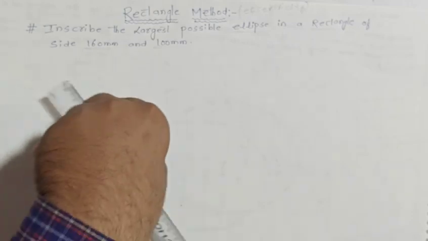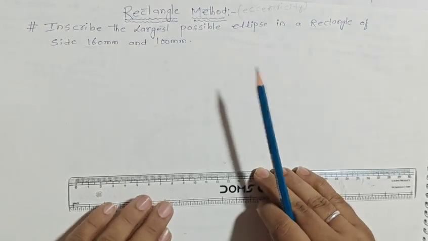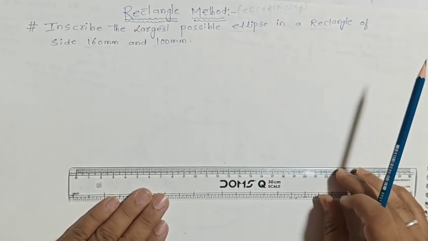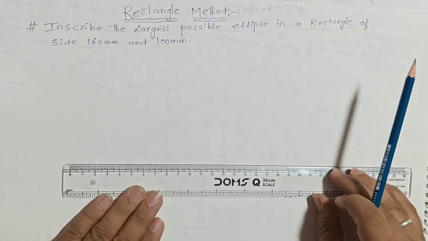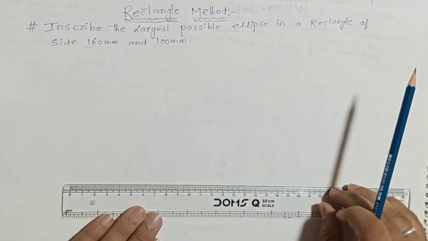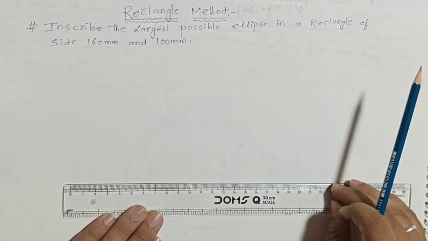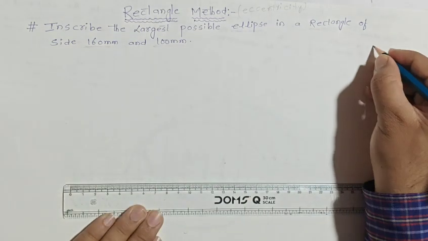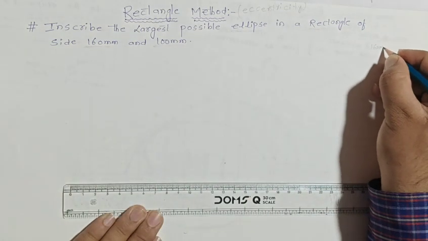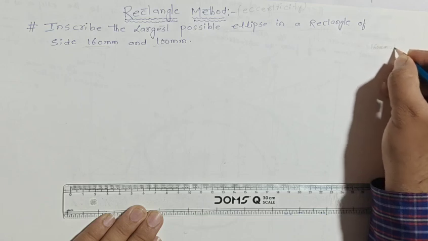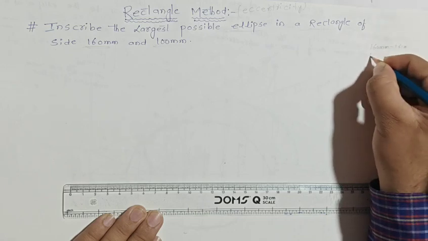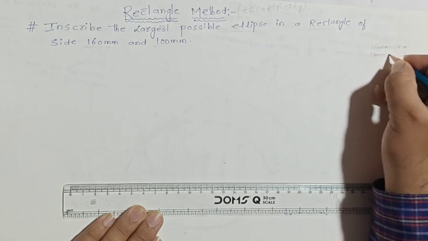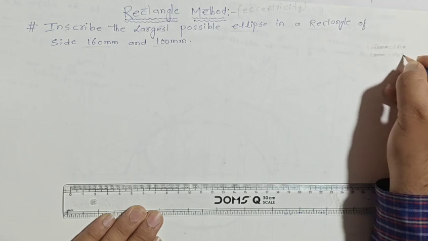First thing is we need to measure the length, 160 mm, nothing but 16 centimeter. And 100 mm, nothing but 10 centimeter.